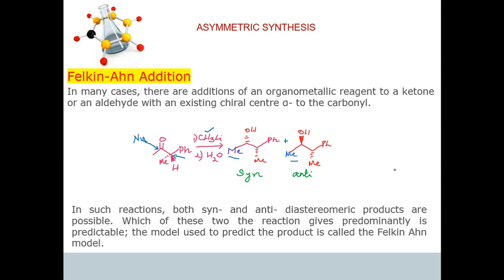When an organometallic reagent attacks the carbonyl carbon, we end up with both syn and anti diastereomeric products, but only one of the products is predominant. The predominant product is always predictable, and the model used to predict it is called the Felkin-Anh model.